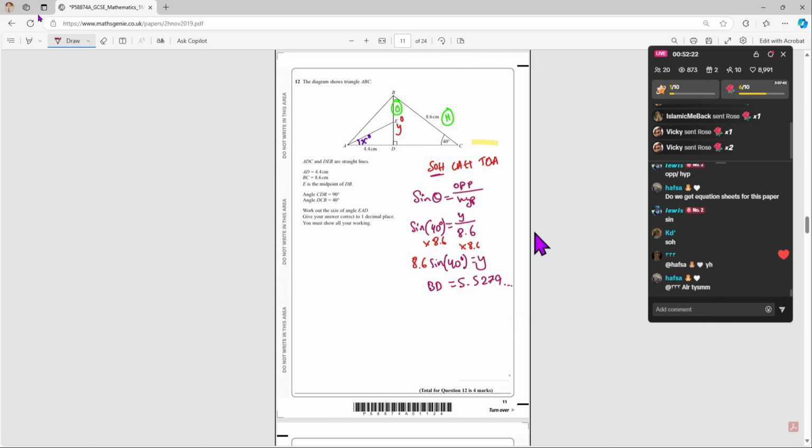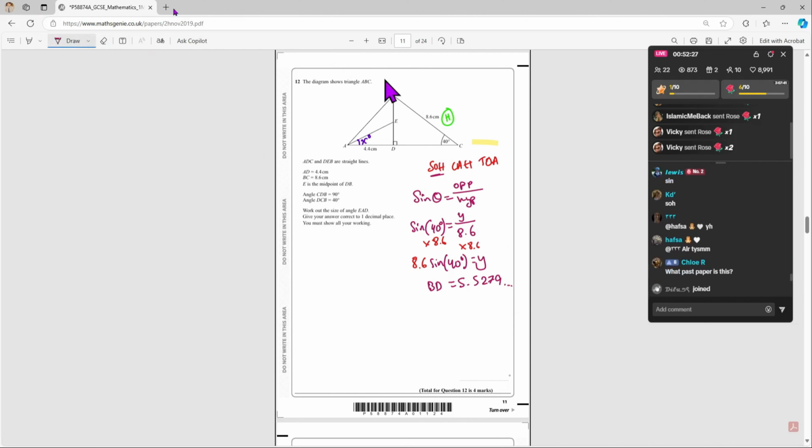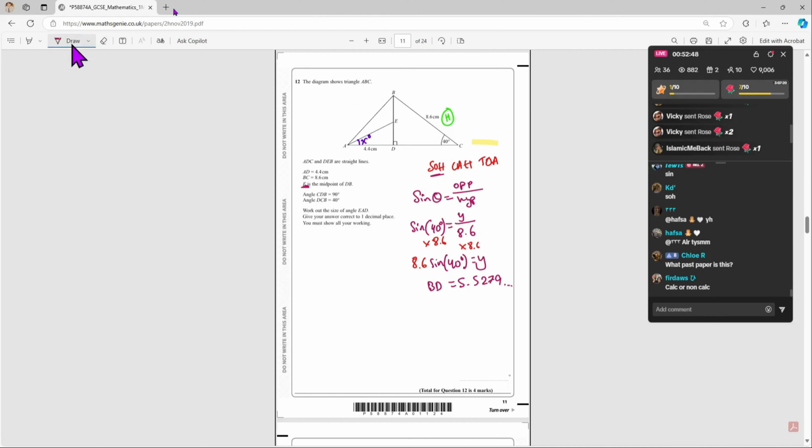So now once you've gotten that, this is the length of the whole side. So I'm going to rub this out. So 5.5279 is the length of this whole line. But look, it says E is the midpoint of DB. This is a calculator paper. If it's the midpoint, we know that this and this are going to be the same in length.